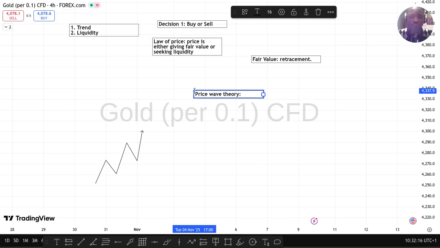The price wave theory is a theory that tells us how price moves. It tells us that price does not move in a straight line, but it moves as a wave. So price does not move in a straight line.